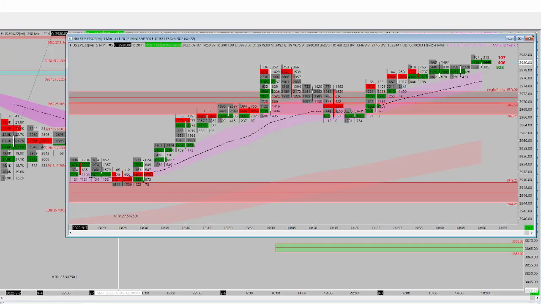So this was around 10 a.m. So if we're looking, oh, it's over here. This is what I was looking at in real time. Around here, in this area, is when I issued that warning that I was just talking about to wait.